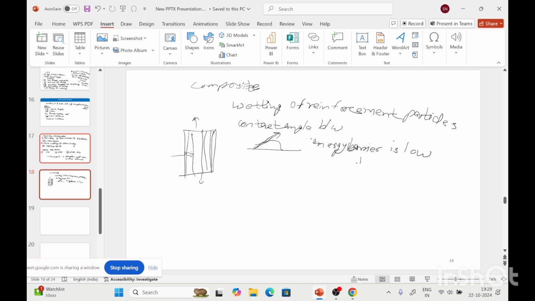If the energy barrier is low, then it will lead to more nucleation and grain refinement. So the surface energy between the reinforcement particle and metal matrix should be less. Next is the interaction between the solidification front and the reinforcement particle.